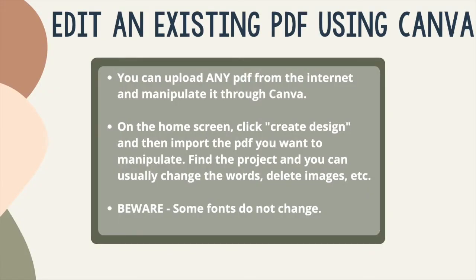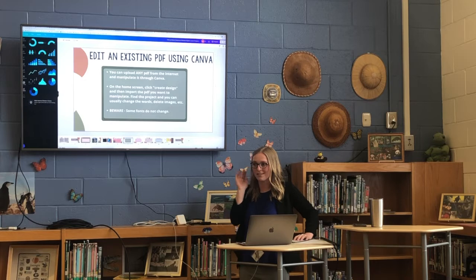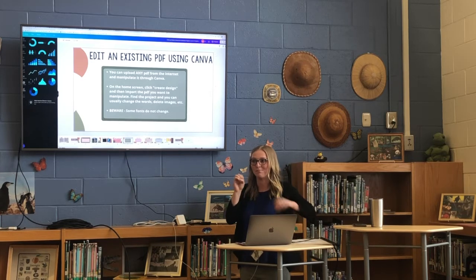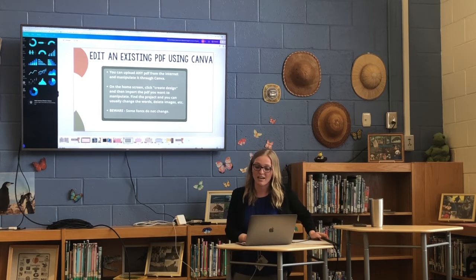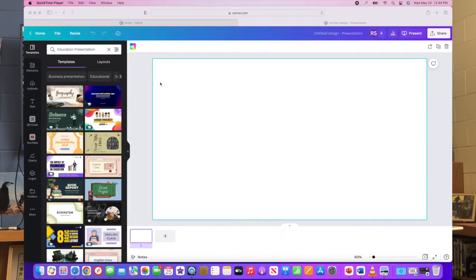Okay, so this is where a lot of people were like, oh my gosh, I didn't know you could do this. So any PDF that you can find on the internet, you can upload to Canva and manipulate it. Any PDF. I did not know that till like probably 2 weeks ago, and it has just rocked my world. So the way you're going to do that is you're going to go home.